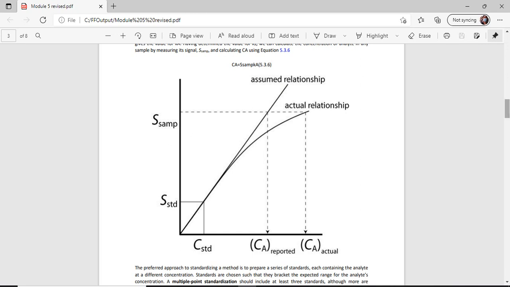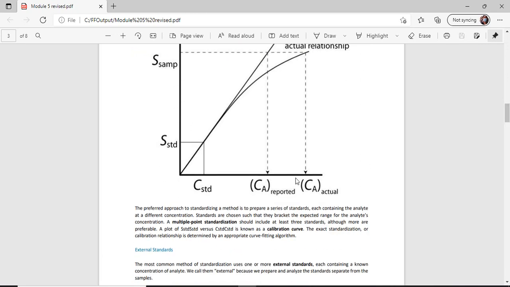The preferred approach for standard methods is to prepare a series of standards, each containing your analyte at different concentration. Standards are chosen such that they bracket the expected range for your analyte's concentration.